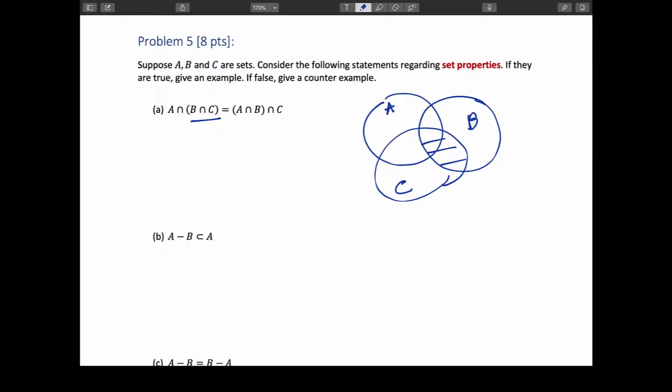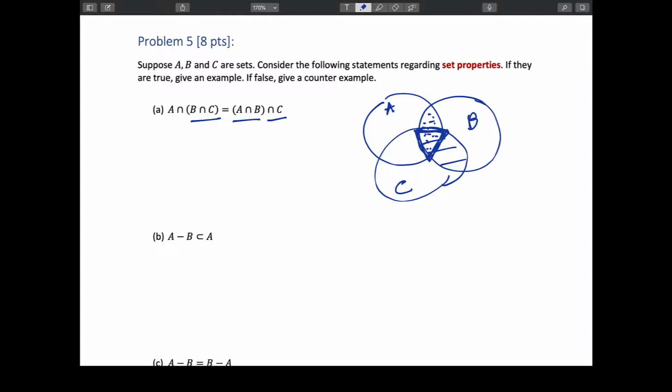And if I intersect that with A, I end up at this point in the middle. If instead I first look at that intersection of A, B, then what I would have gotten is everything polka dotted here. And then I intersect that with C, that's going to be, again, everything in the middle. And so no matter what I do, that works out.